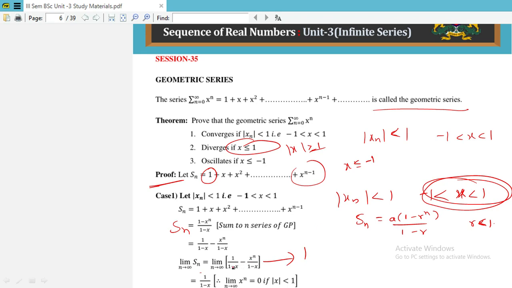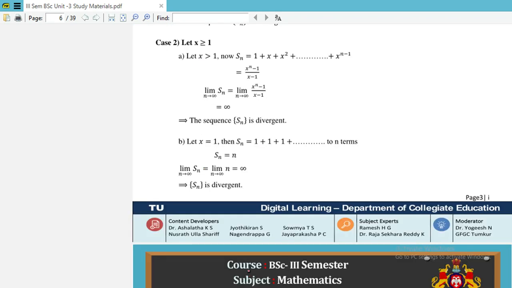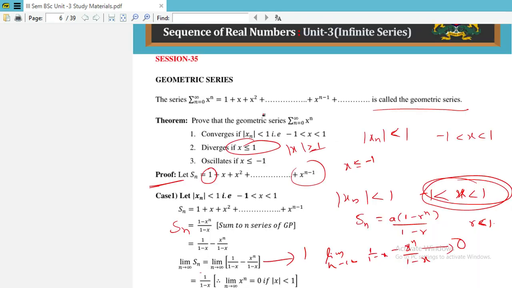Therefore it is convergent. This is when modulus of x is less than 1. In this first case, this is a convergent series.